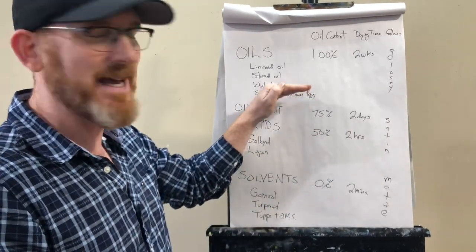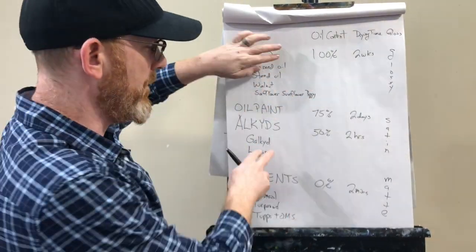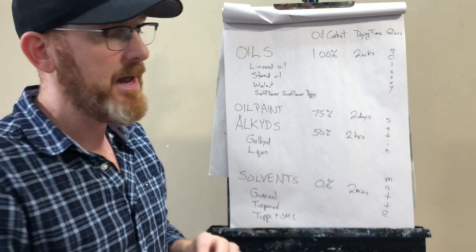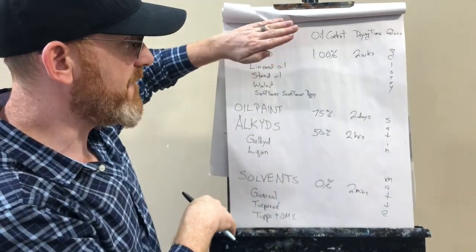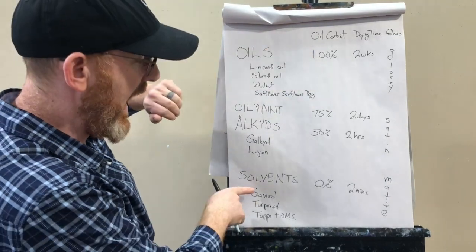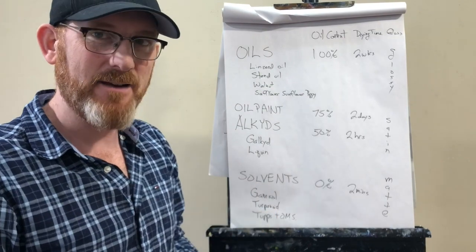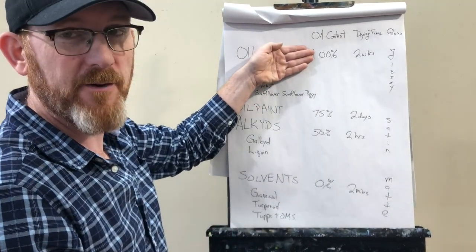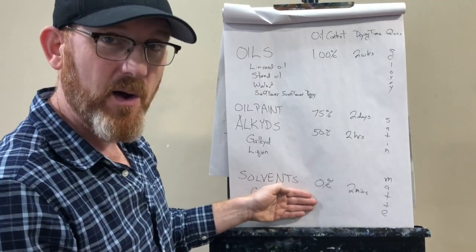After that, you want to tick up just a little higher, add just a little more oil into that oil and alkyd mixture. Of course, you can use solvent and oil, and the proportions will matter. If you have 4 times as much oil as you have solvent, just do the math on that, you'd end up with an 80% medium, because you'd have 4 out of the 5 parts are 100%, and one of those parts is 0.